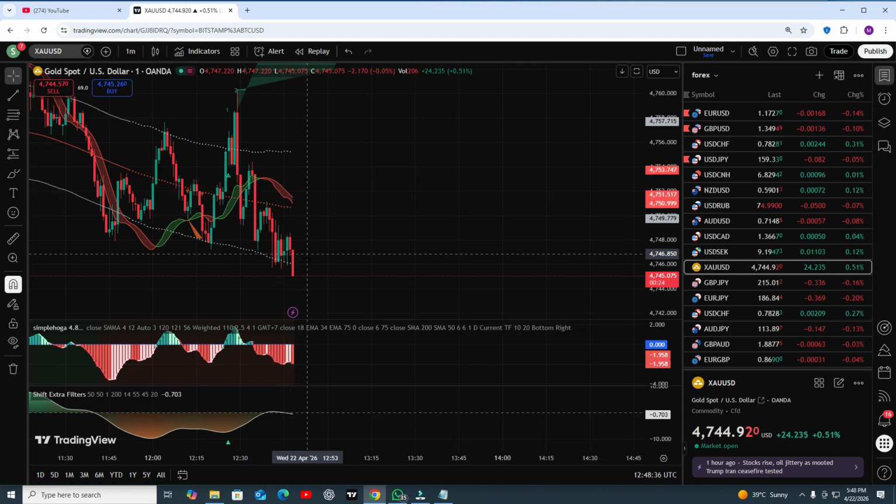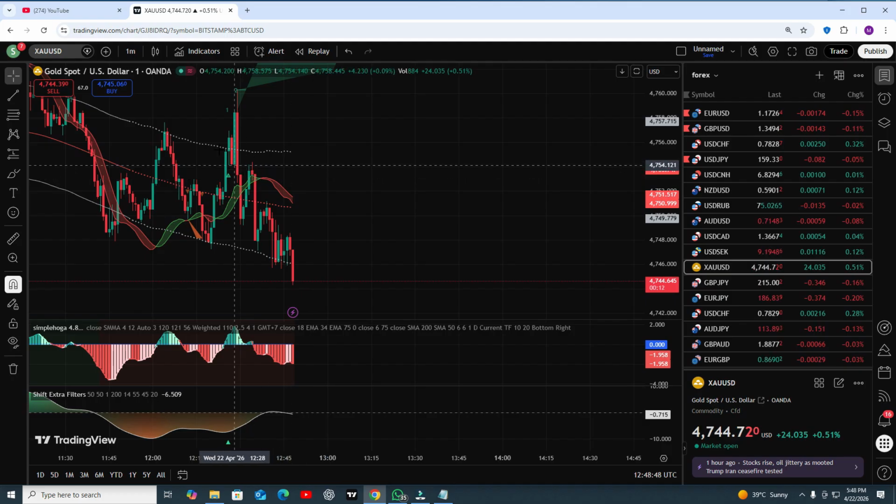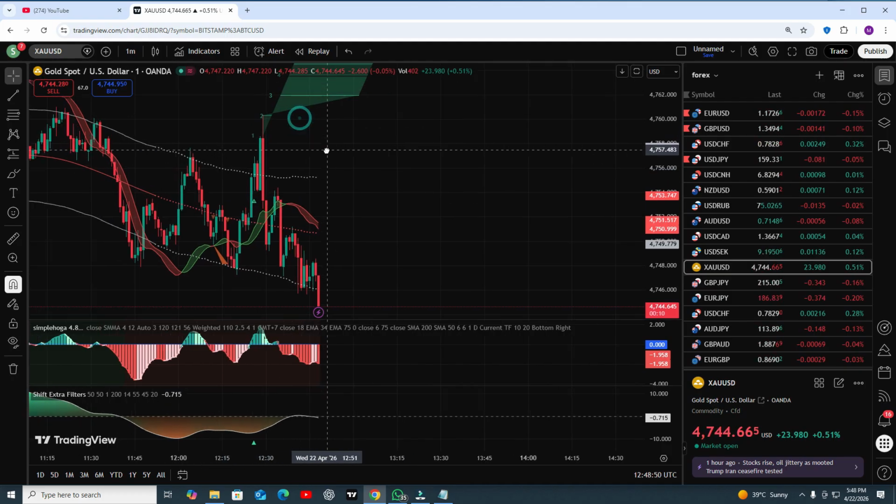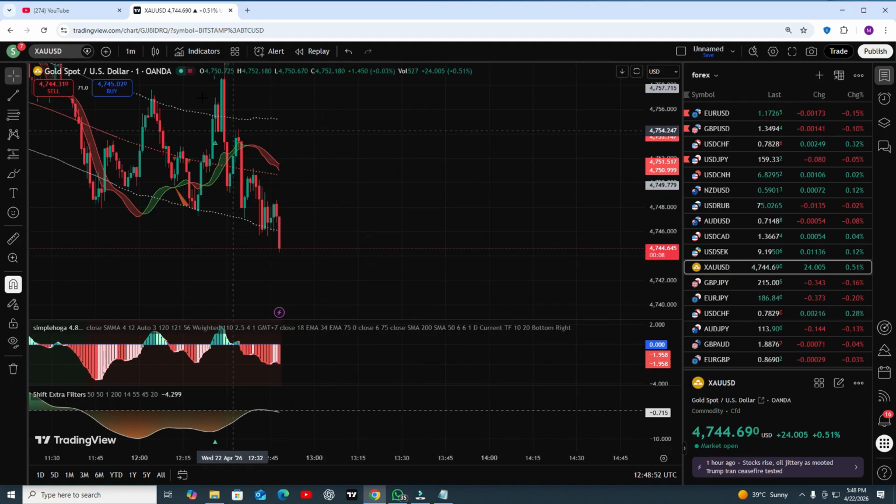Make sure the RSI comes below, then we can open our buy trade, and hopefully this will give an amazing result. Okay, in BTC, and in the next video hopefully I will show you the results of this trade as well. You can use it on 1 minute, 3 minute, 5 minute time frames, and you can do scalping.